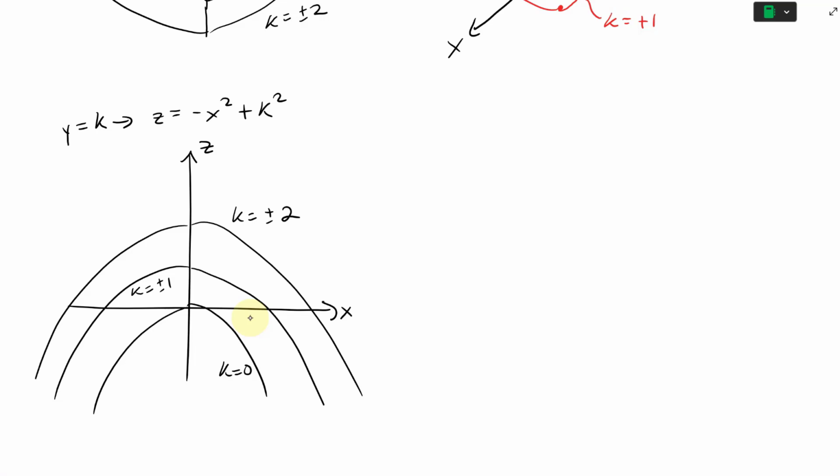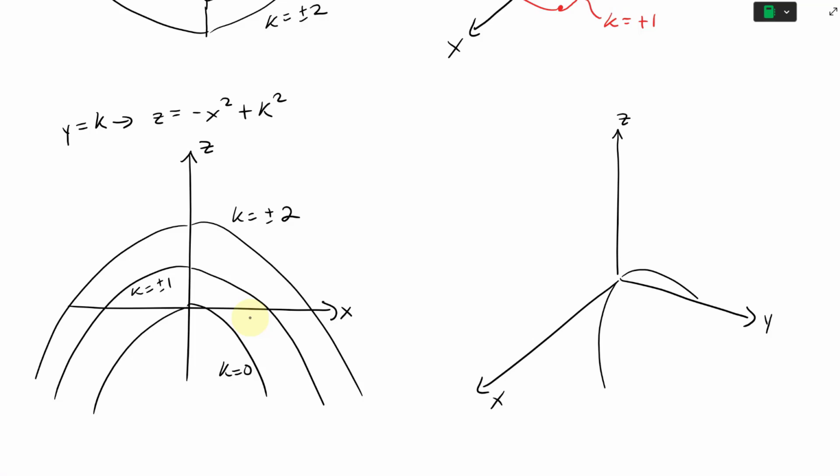Alright, so in 3D now, this is getting interesting. This is going to be y, this is going to be z, this is going to be your x. Y is the one that's going to be the k, which is changing. So at y equals k equals 0, we just have the basic one going downwards on the z plane, like this.